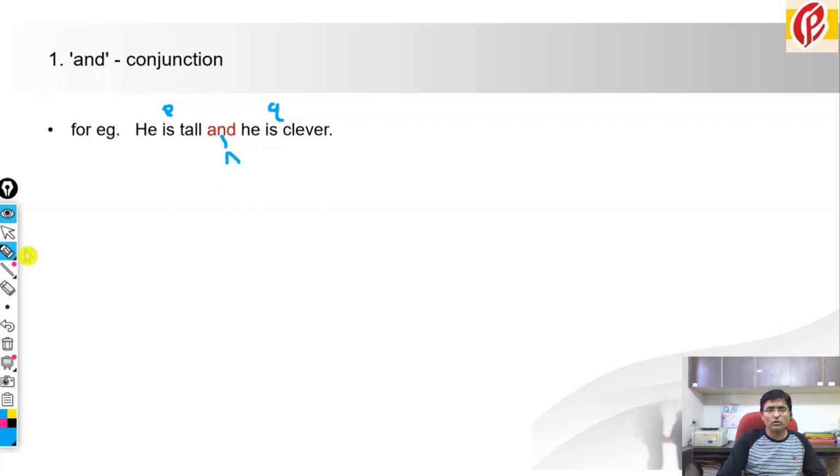So in symbolic form it is written like this: P and Q. P means he is tall and Q means he is clever, and this is the symbol of and. So P and Q.